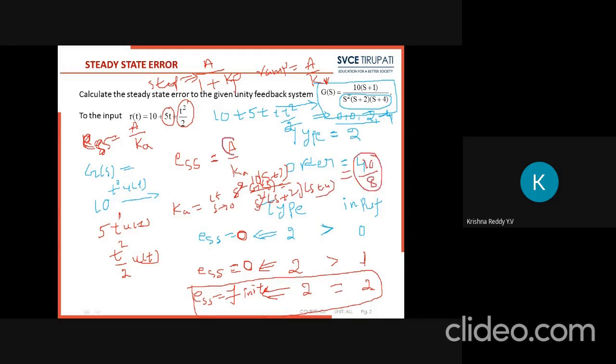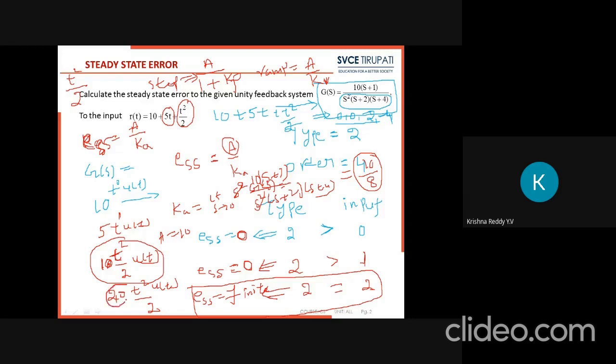Now what is the value of A? The value of A is nothing but the multiplication factor of its input. Suppose you are having 10 into t square by 2, during this case A equals 10. Otherwise, if we are having 20 into t square u of t, our standard form of parabolic input is t square by 2, so it is t square by 2 into 40.